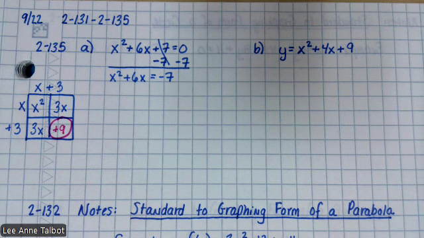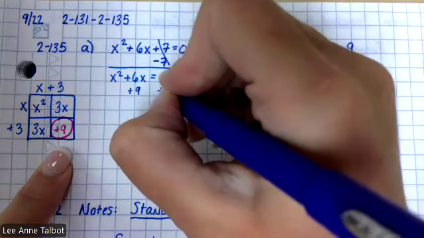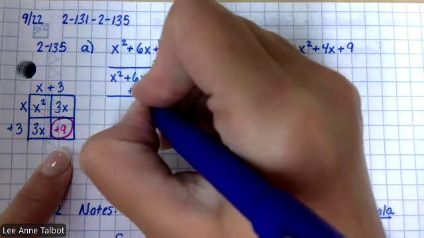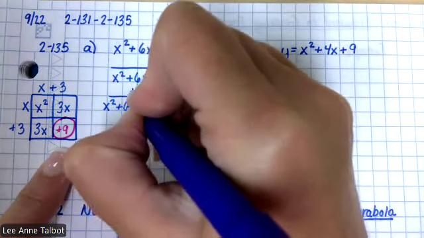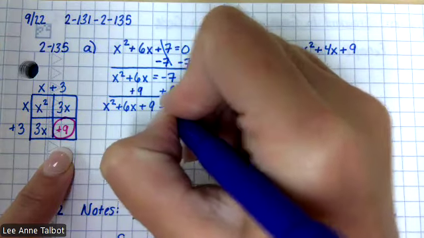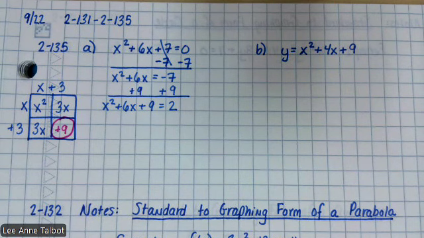So I completed the square. Okay, what's step 3? Add the 9. Then you factor it.